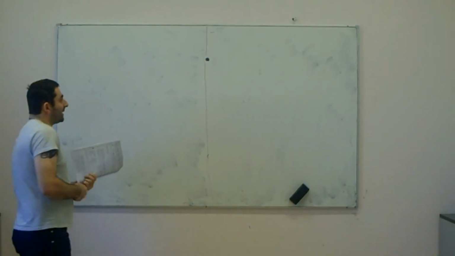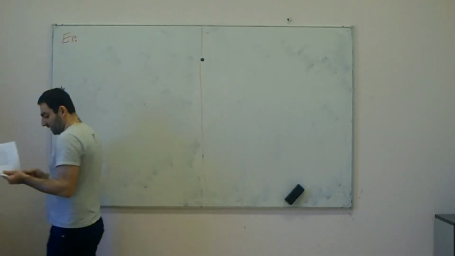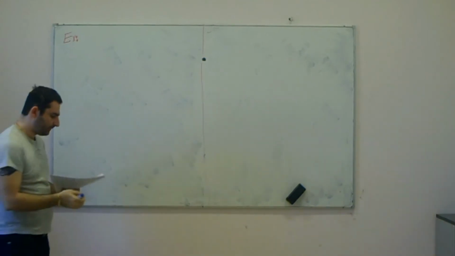Let's do an example on discrete joint probabilities and we will do some calculations.